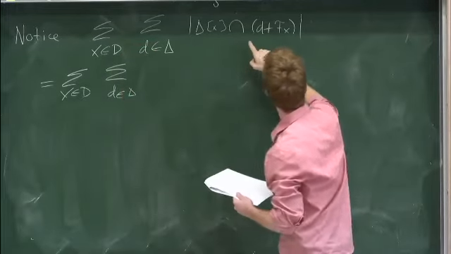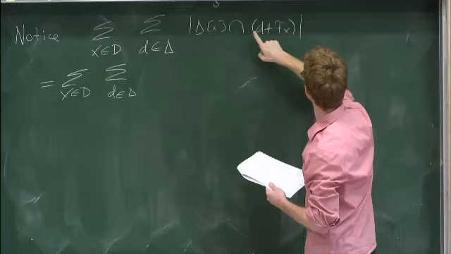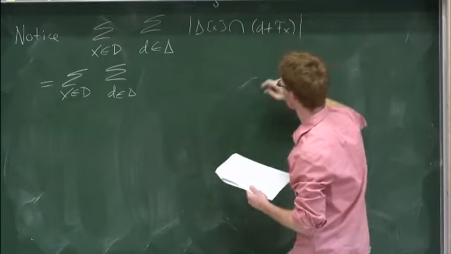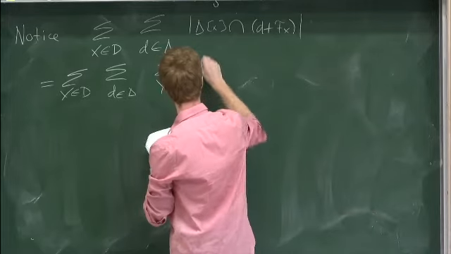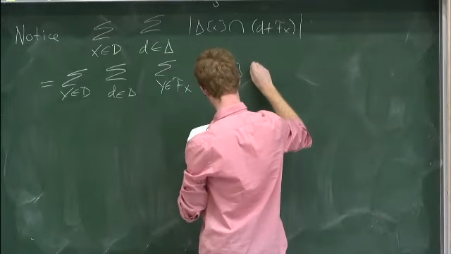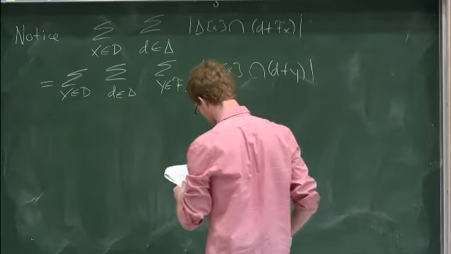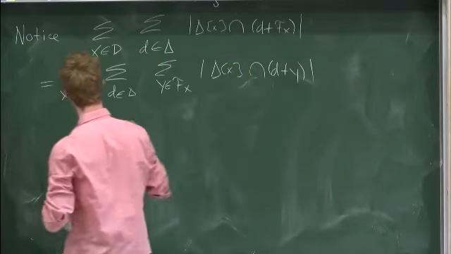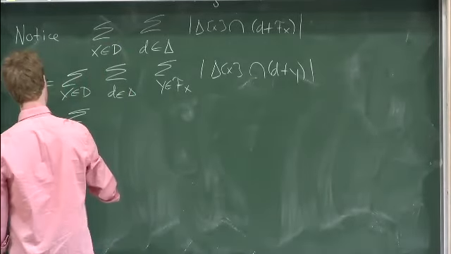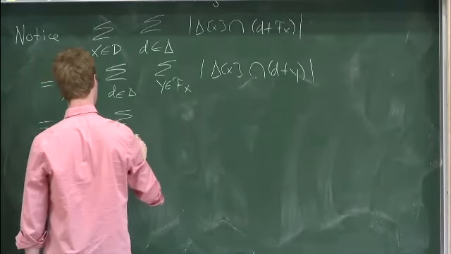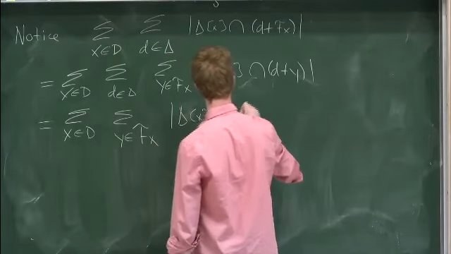If I have an element in here, then it's like an A is equal to D plus some Y in here. So that means that the inner expression is just this. But now I push the sum over D inside, and I get back this expression, which we've seen before.